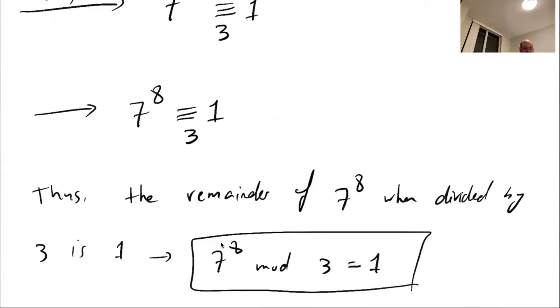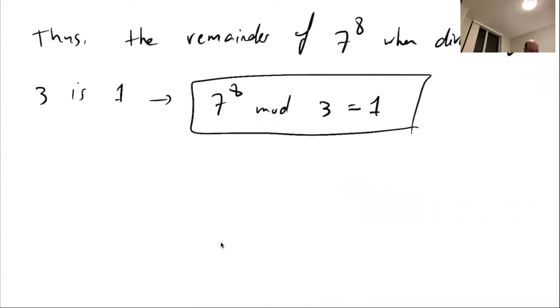Now let's look at another example. Let's say, for example, you want 8 to the power 8, instead of 7 to the power 8. If you want to find the remainder of 8 to the power 8 when divided by 3, what do you think the answer would be in that case?